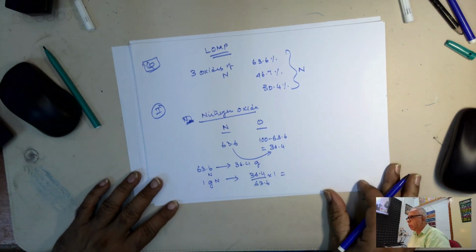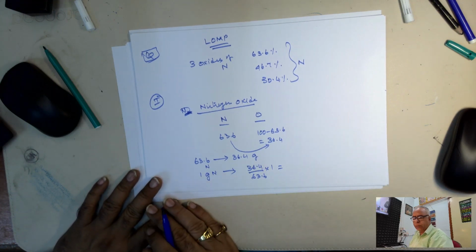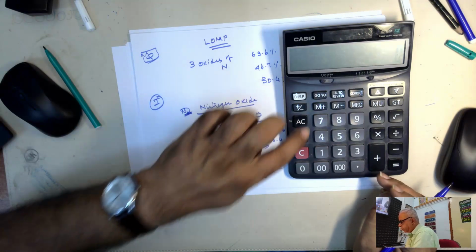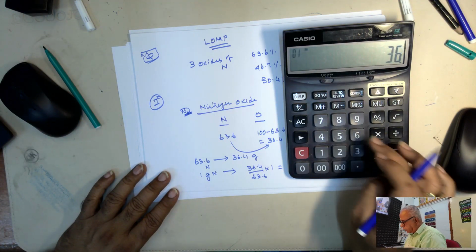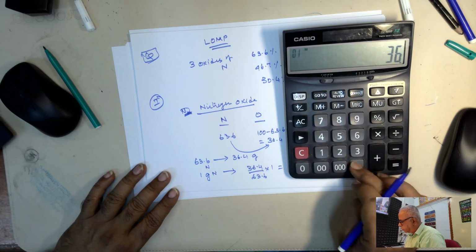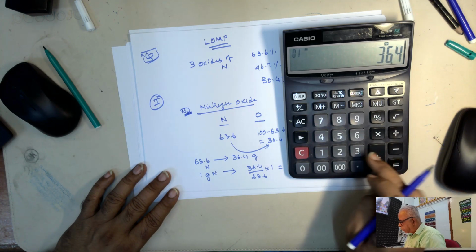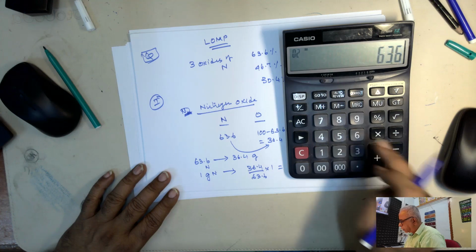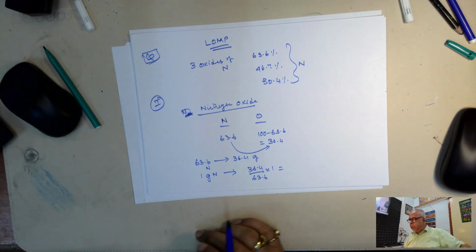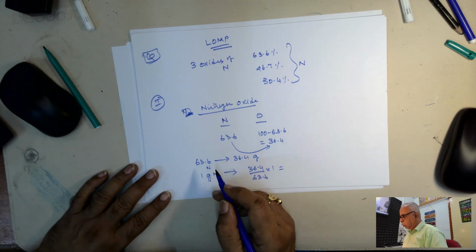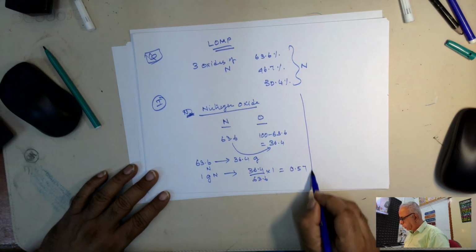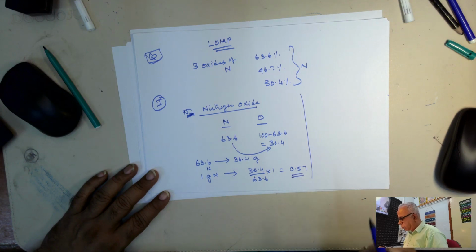So that is 0.572. So you can make it as 0.57. Okay. Now case 2.